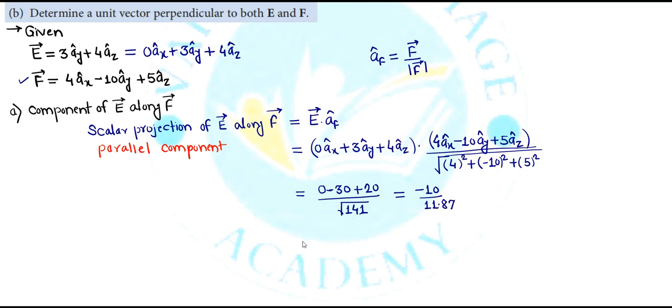Okay, and ultimately your final answer will be equals to what now? So that is equals to minus of 0.842. So this is what?